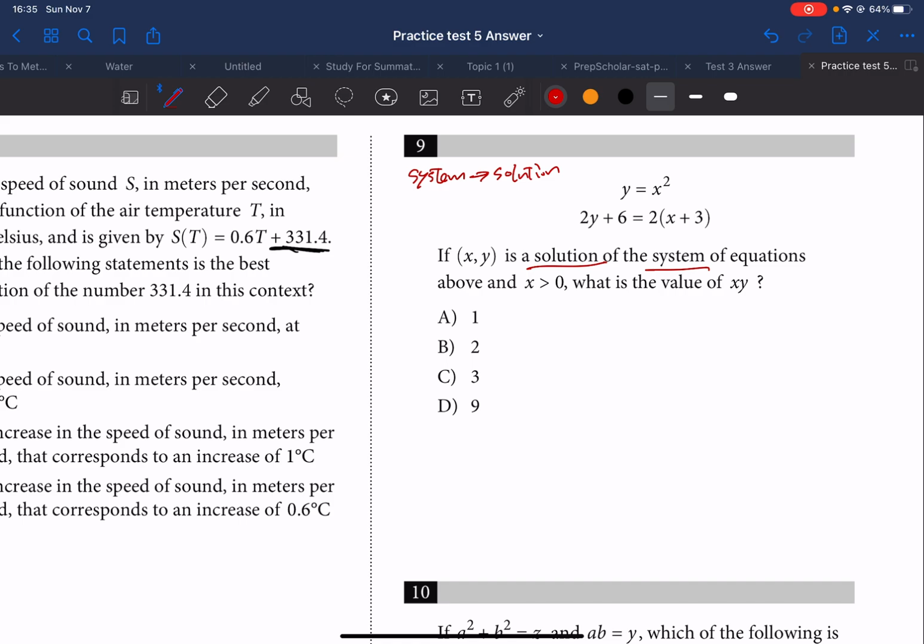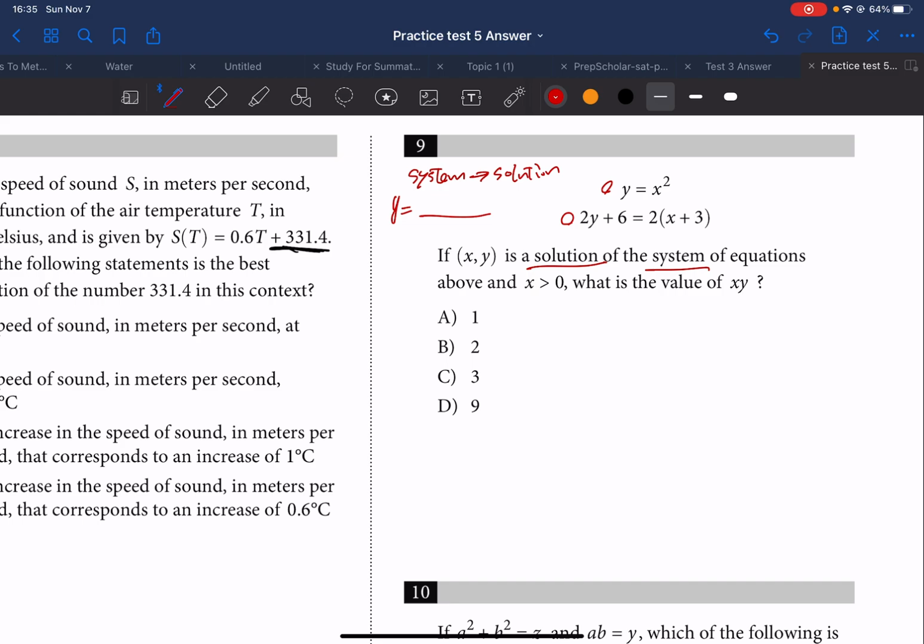So that means you should know that both equations should be in y format. What am I talking about? The y format should be something like y equals something.